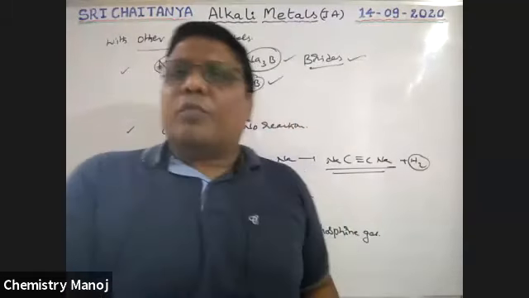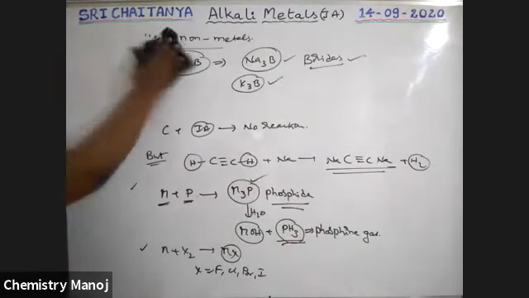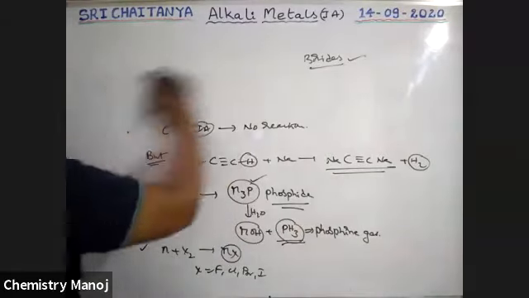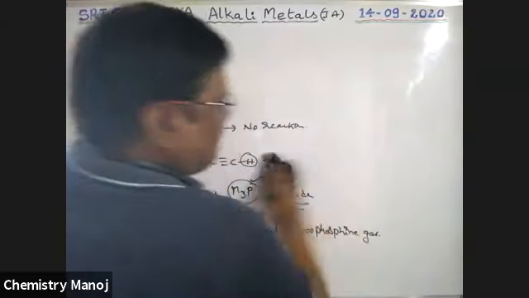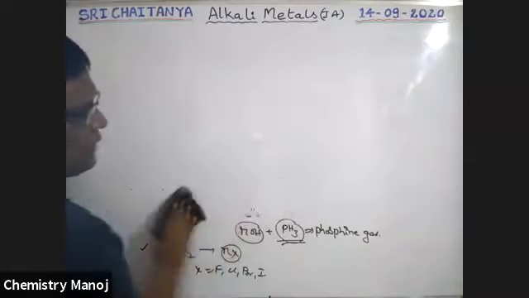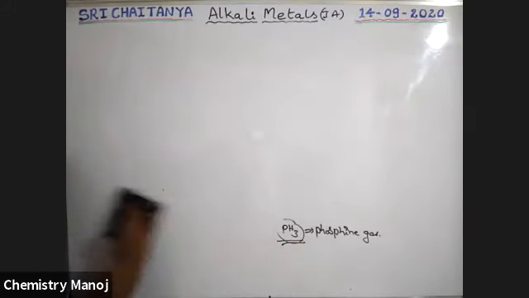And the most important property, so very important, is that of alkali metal solutions. Alkali metal in ammonia solution.